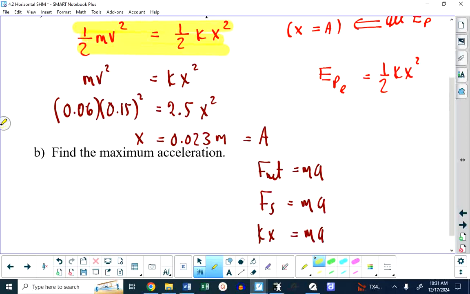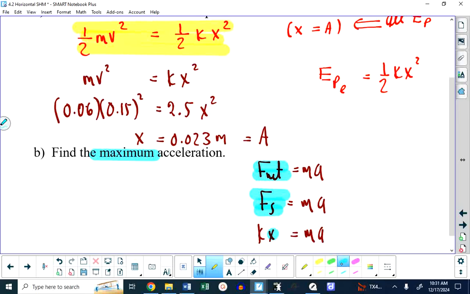So just stop for a second and look up here. I know that many of you know how to get the answer. This is the case everywhere in the mass's oscillation. If you want the acceleration to be a maximum, then you need the force to be a maximum. If the force is going to be the maximum, then the displacement has to be the maximum.